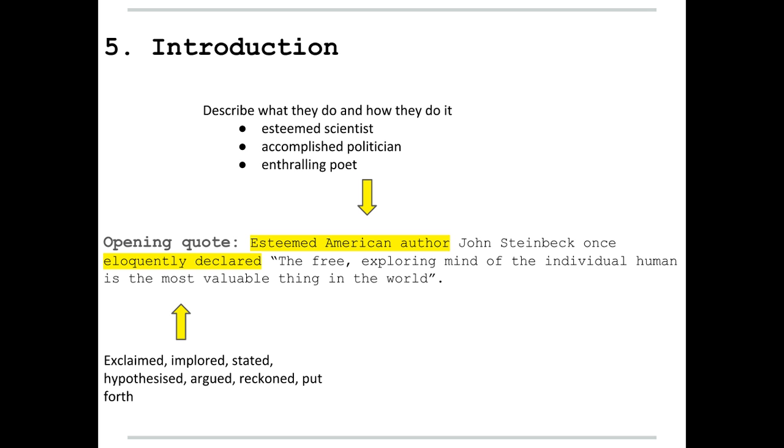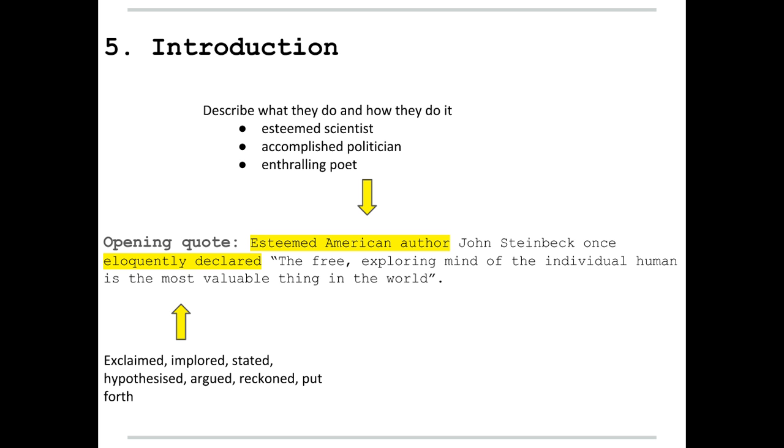He eloquently declared. If it was something like an argumentative statement, then you might say argued. Or if it was a politician, you could say a politician stated, because politicians often say things in very declarative, straightforward, here is my opinion kind of ways.